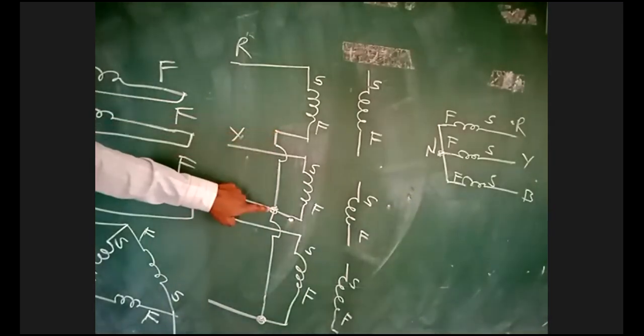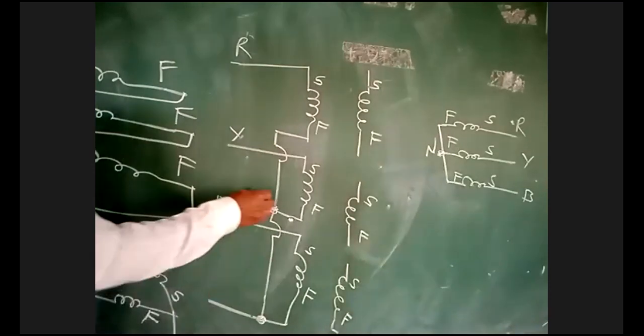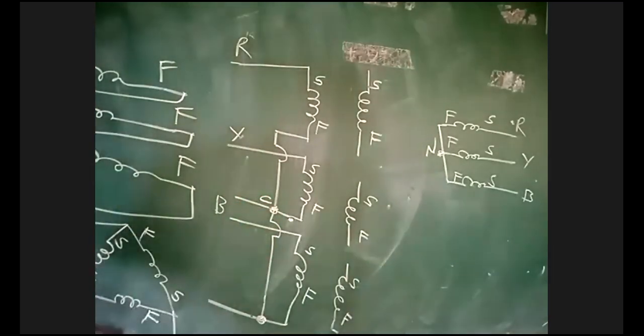See in the diagram, this finishing point is connected here, this finishing point is also connected here. This is the common point C. All the finishing points are connected to one common point that can be taken as the neutral. So now the primary side is star connection.